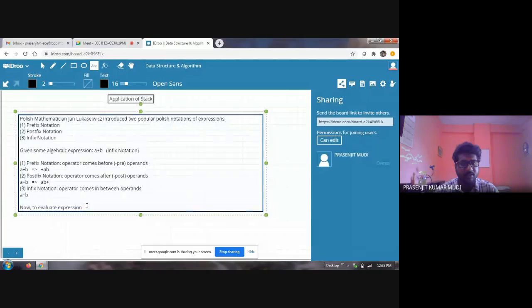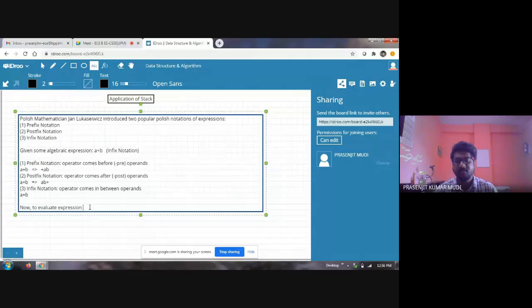Now suppose the computer is given infix notation, because we understand infix notation, so we give the infix notation of the expression to the computer, and the computer has to convert that infix form into either prefix form or postfix form for its evaluation. The computer has to evaluate the expression, right?